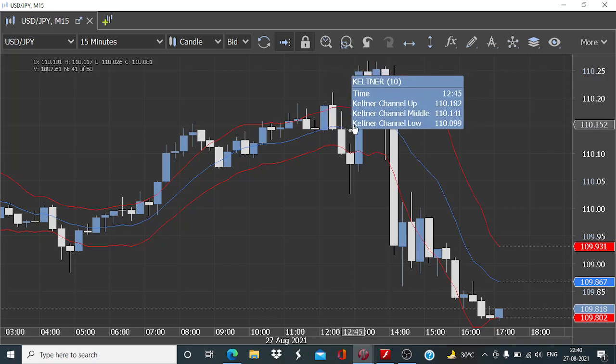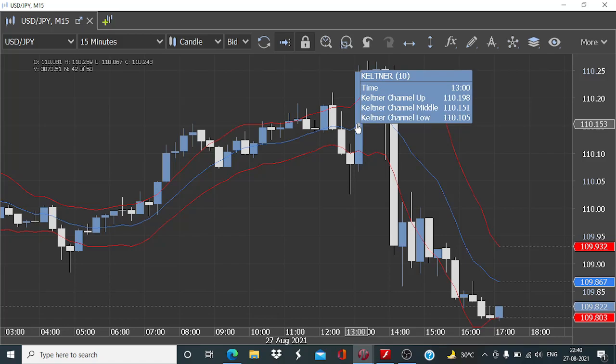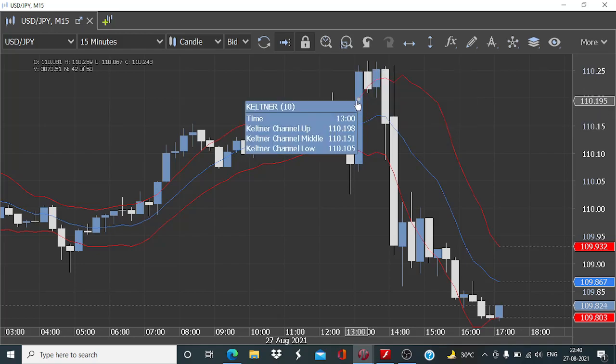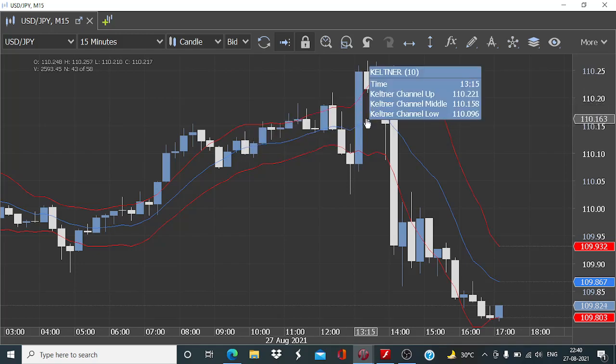So for any buy trade to be initiated, we need the Keltner channel to be on the rise, and also the last 15-minute candle should have closed above the Keltner channel, and whatever is the value of the middle band, that will be our initiation point for the trade.